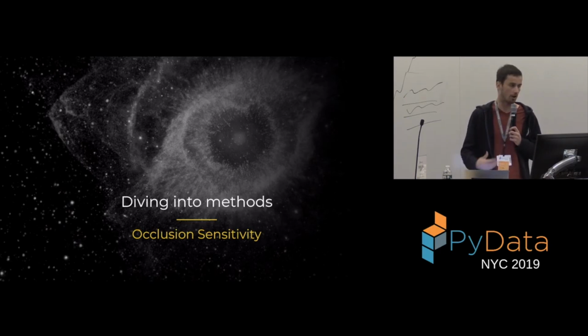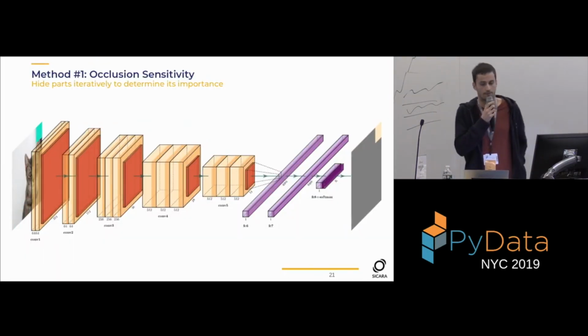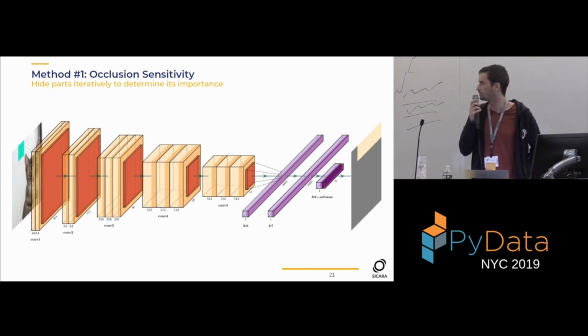So the first one we'll explore is called occlusion sensitivity. The objective is to hide some parts of the image successively and just see if there is a drop in confidence on the output.